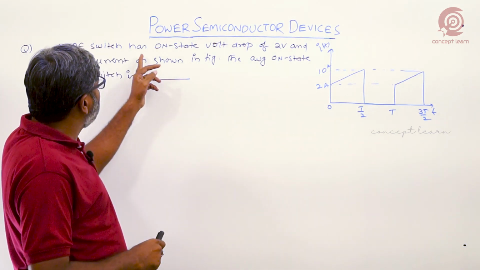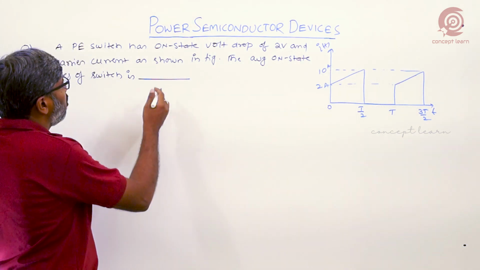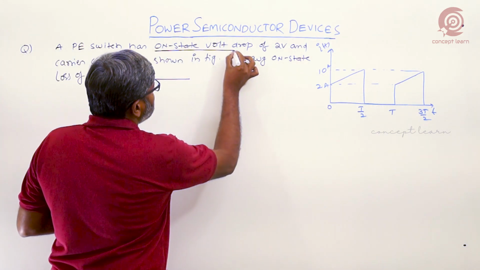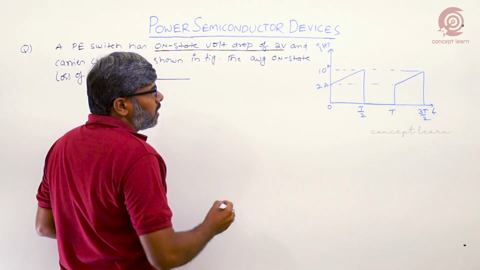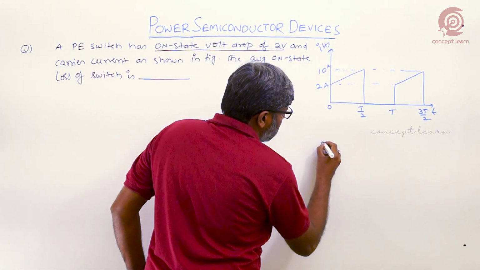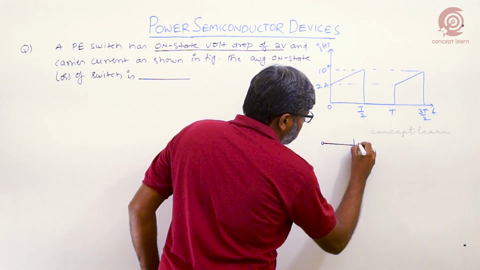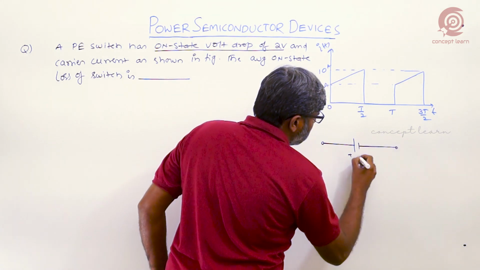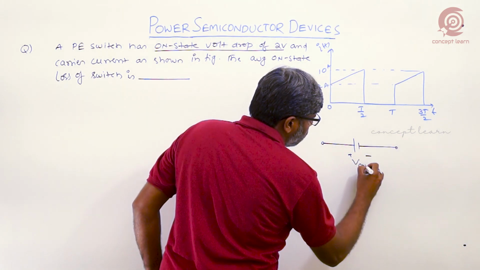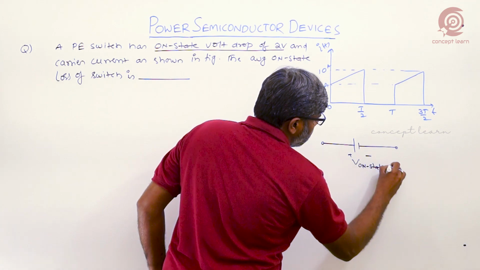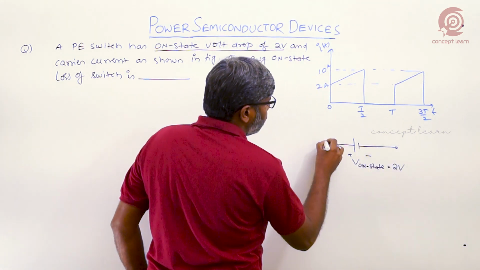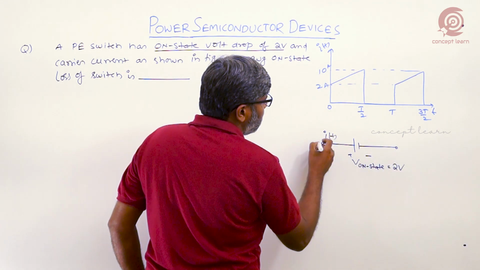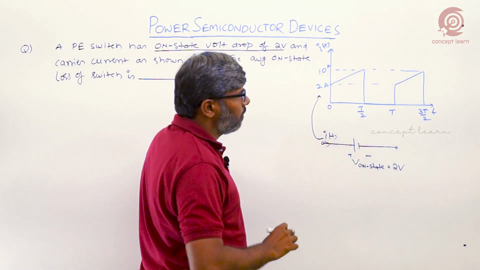From the given data, the power electronic switch has an on-state voltage drop of 2 volts. That is, the switch is now represented with an on-state voltage drop equal to 2 volts. The current carried by the switch is I of t shown in the figure.